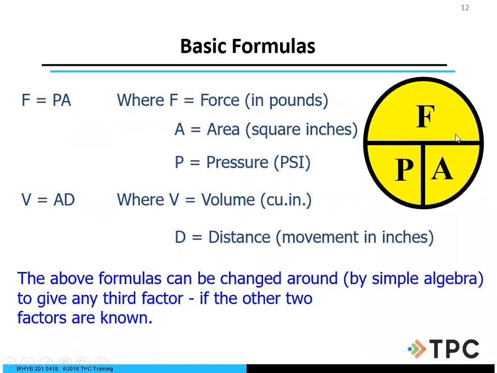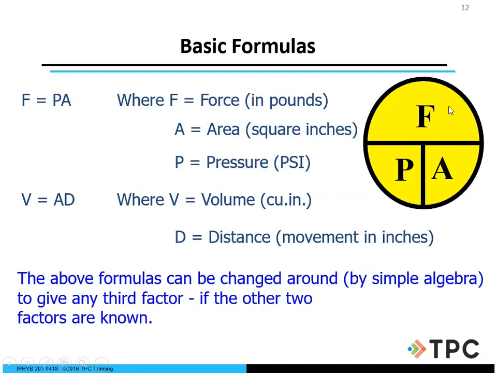I usually put it into a little pie chart like this. If you just put your finger over the P, or the A over here, wherever the case may be, we need to know where the volume is, or distance, movement in inches. This line here means multiply, this means divide. So force equals P times A. And then if we're trying to find the area, force divided by P, and we're going to find what the area is.